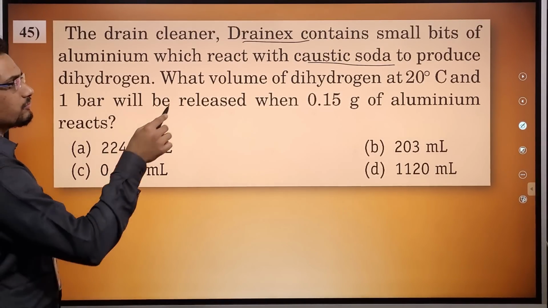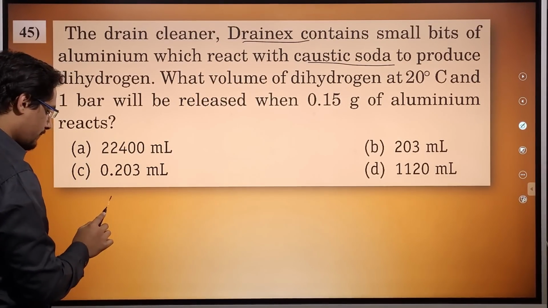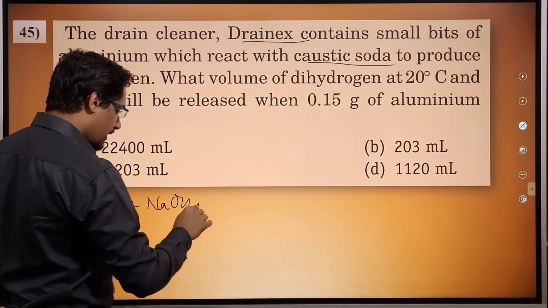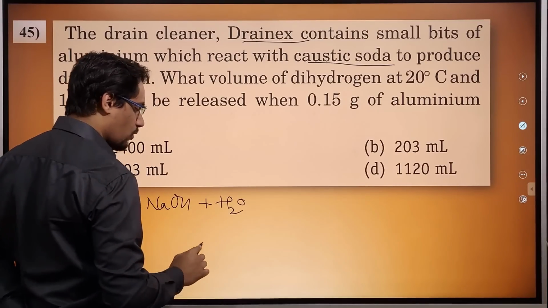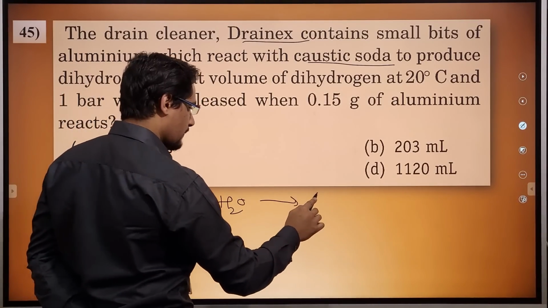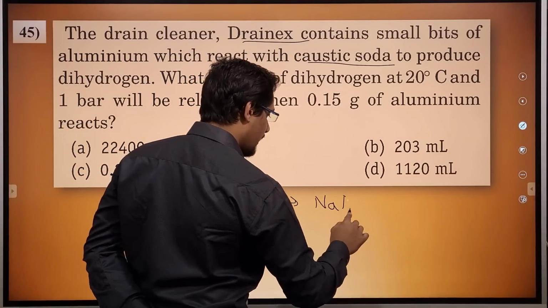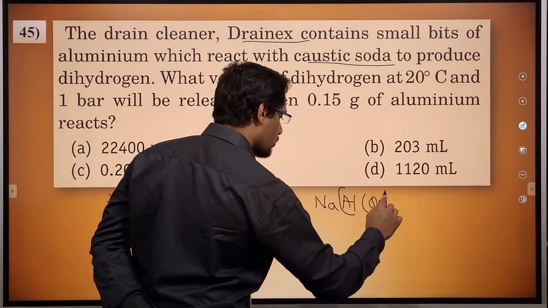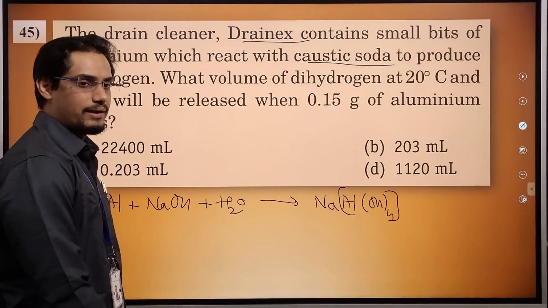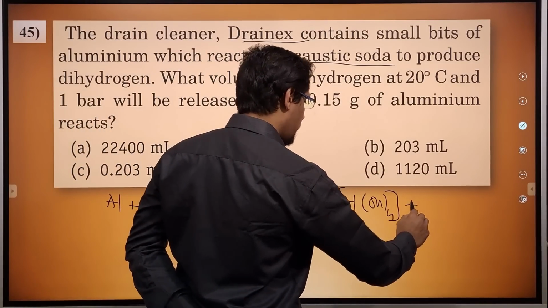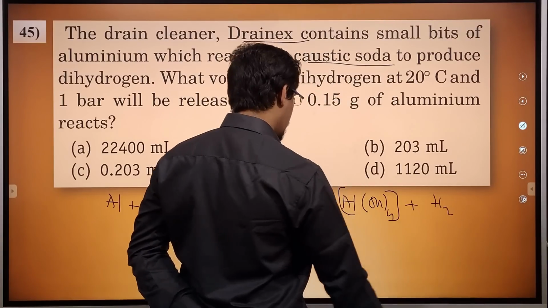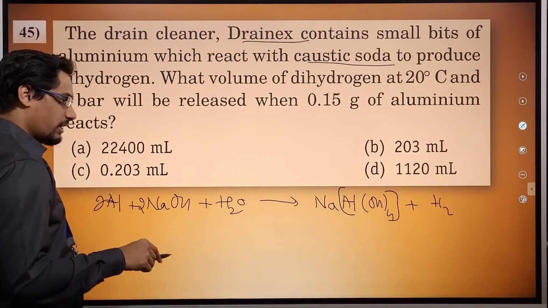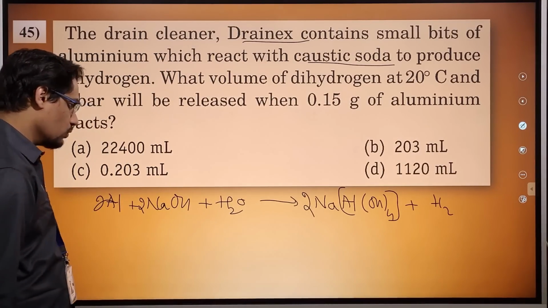What is the reaction of aluminium with caustic soda? Aluminium reacts with NaOH in the presence of H2O to form NaAl(OH)4, sodium tetrahydroxyaluminate, plus hydrogen. To balance this, 2 aluminium, so that means 2.